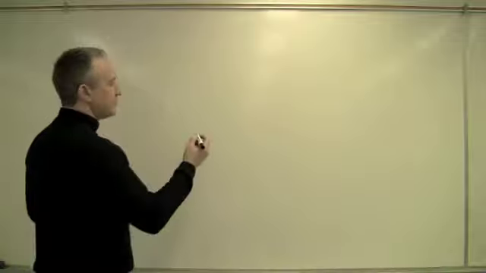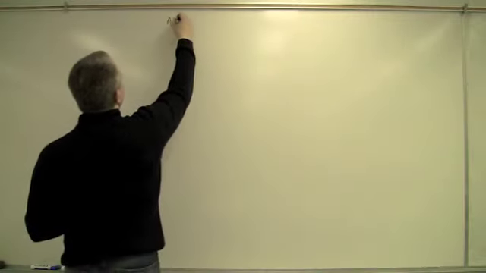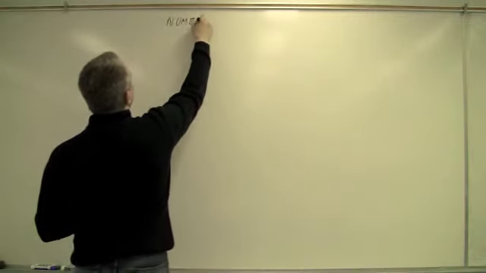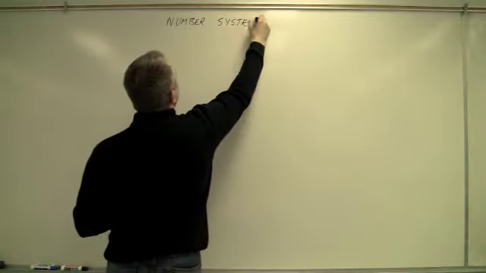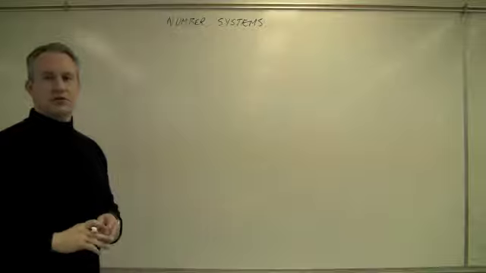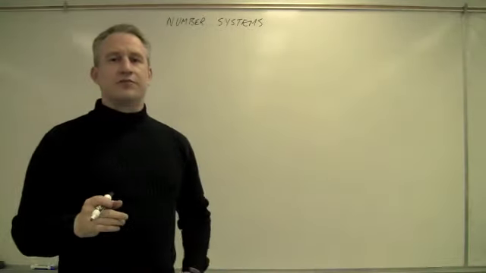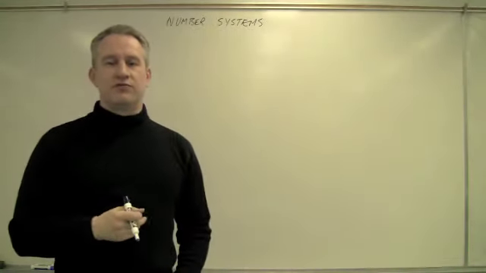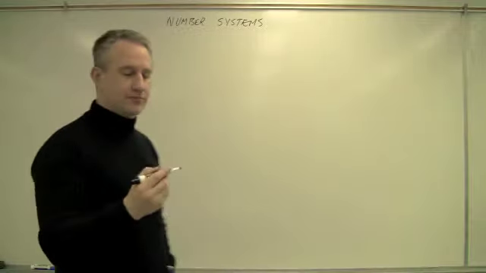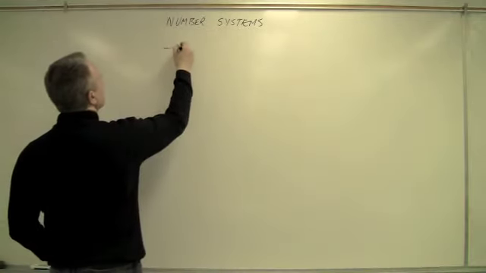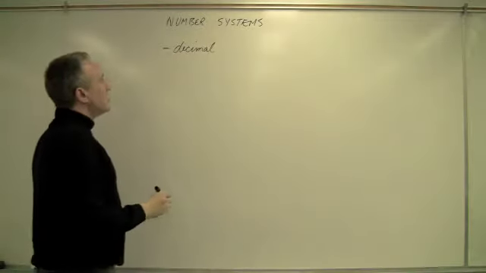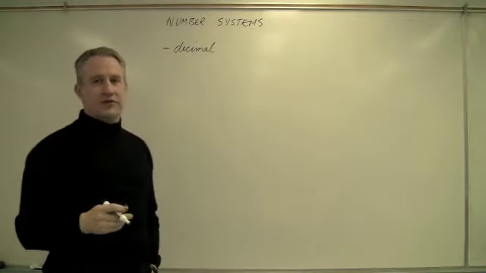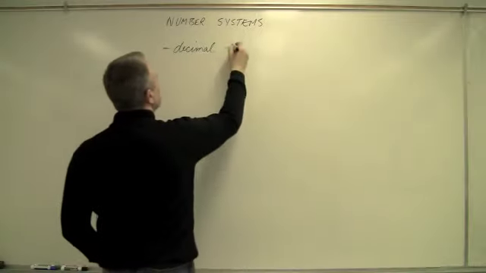So to start with, we can start looking at number systems in general. And in particular, the number system that we're most familiar with, the decimal number system, or as we can also refer to it, the base 10 number system.